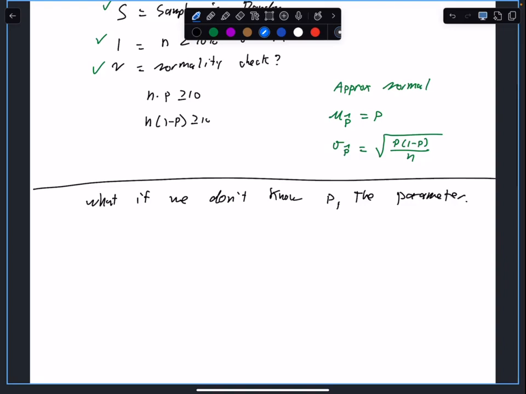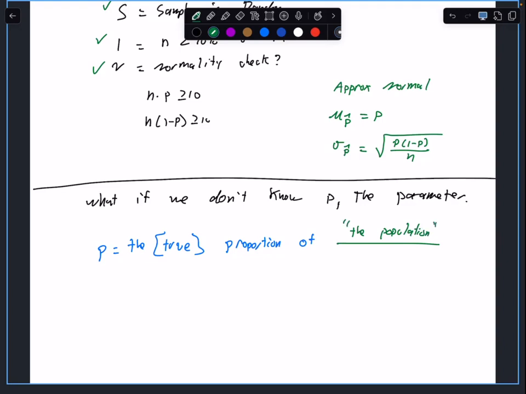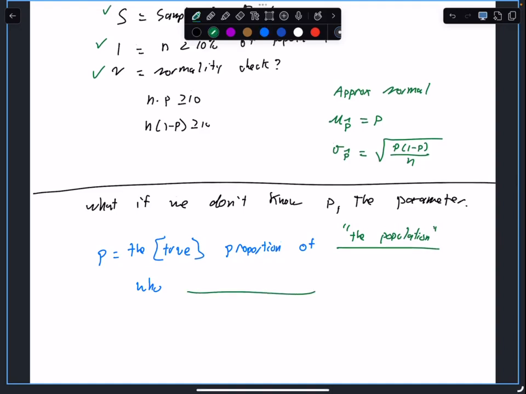Remember, P is the [true] proportion of the population, whatever the population is, who are successes, however we define a success.